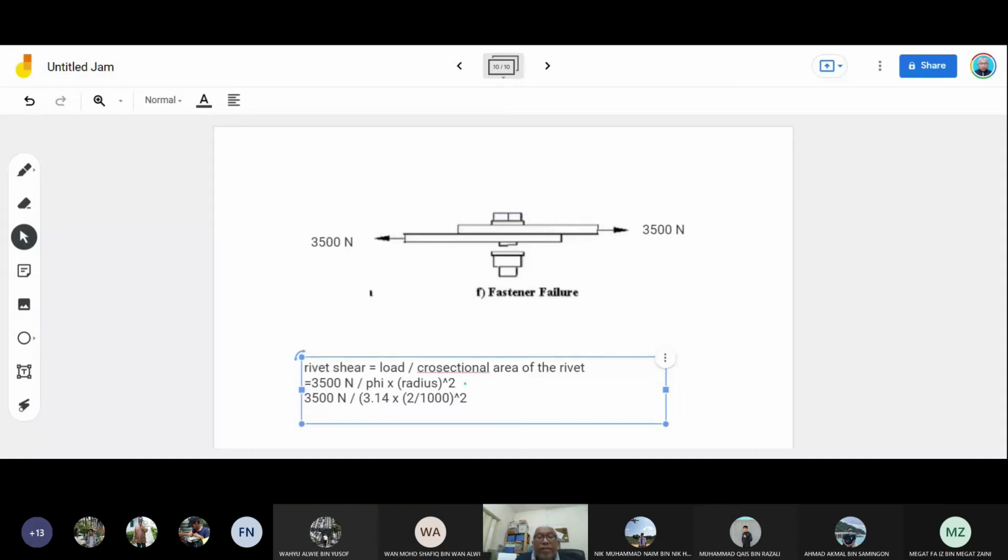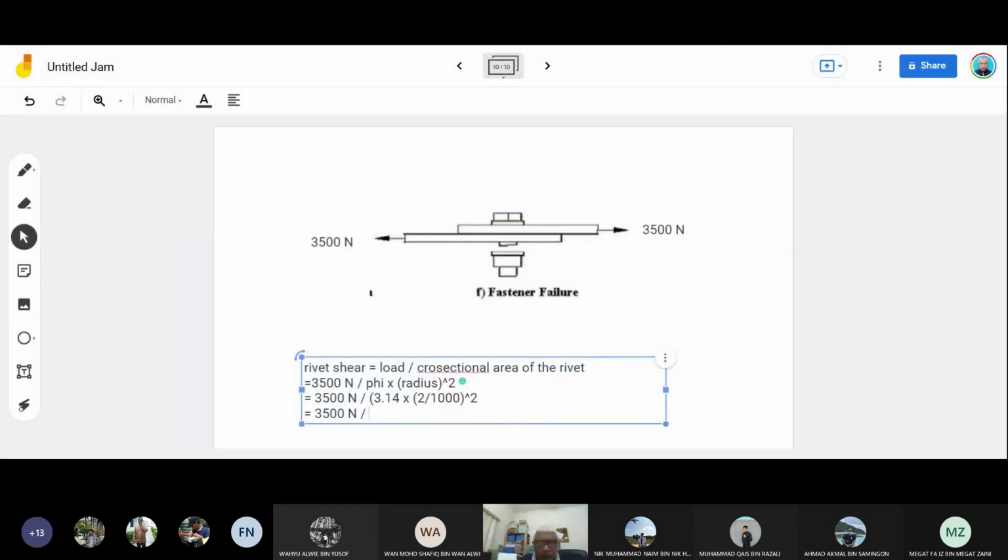Okay, so 3,500 Newton divided by pi r squared, which is 0.002 squared times 3.14.